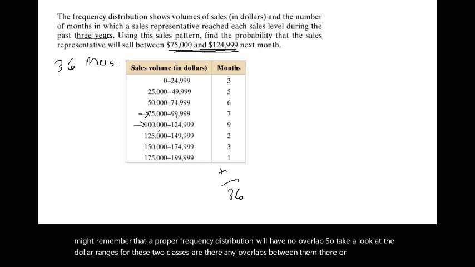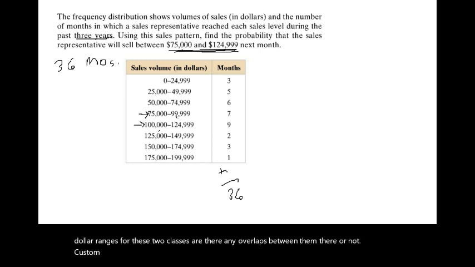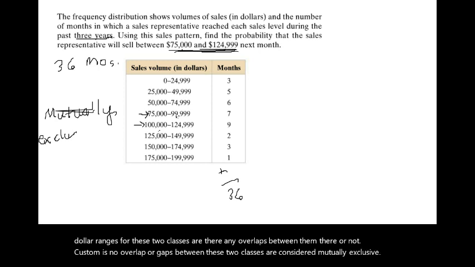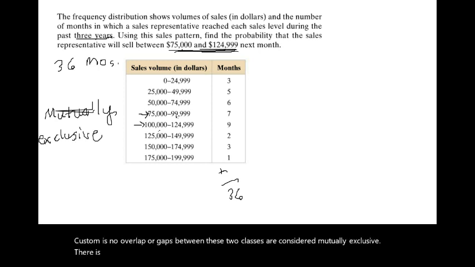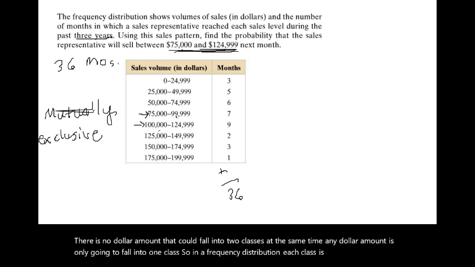So because there is no overlap or gaps between them, these 2 classes are considered mutually exclusive. There is no dollar amount that could fall into 2 classes at the same time. Any dollar amount is only going to fall into one class. So in a frequency distribution, each class is mutually exclusive from all of the others.